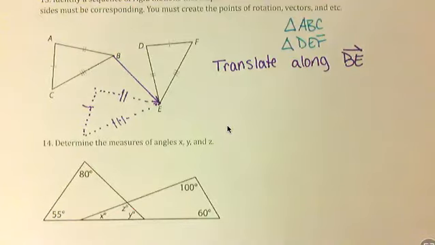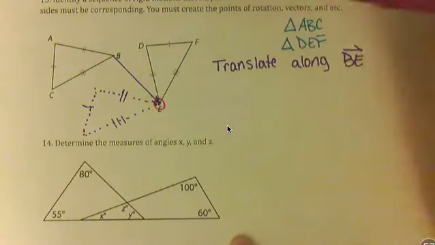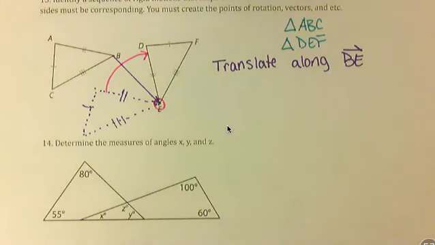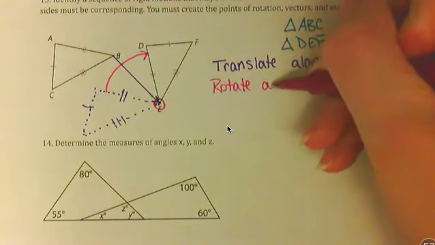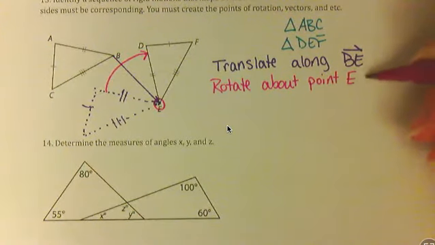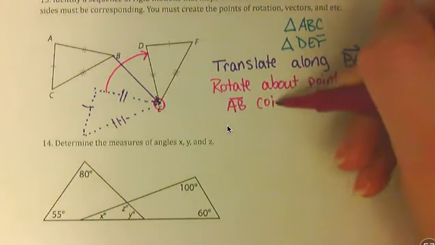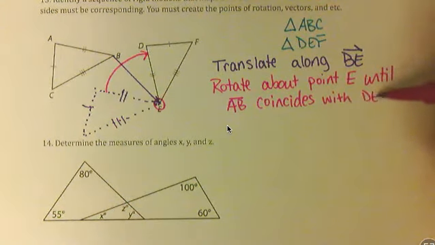So the next thing you're going to want to do that's just going to make it easy is to rotate this around point E. You're rotating this side up. So then they will be touching. So rotate about point E until AB coincides with DE.